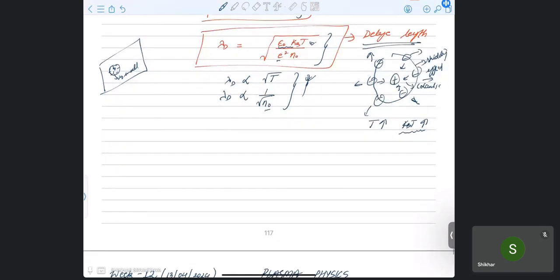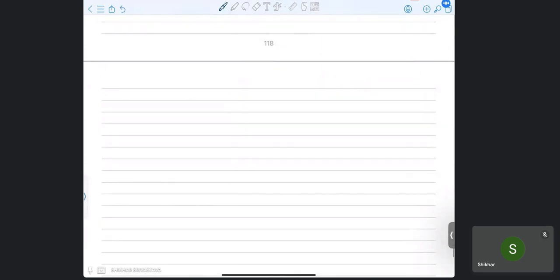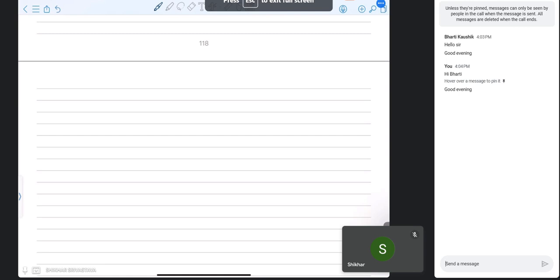Now I will solve what is Debye potential. So Debye length, we have known what the Debye length expression is and what its physical significance is. Is this clear? Debye length is basically the length scale up to which the effect of a test charge is felt.